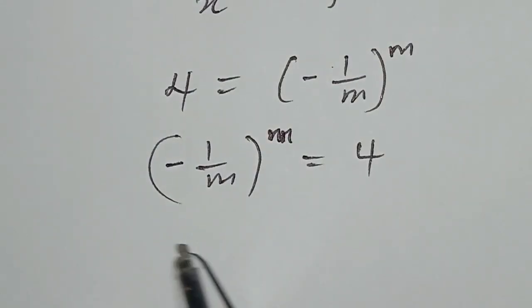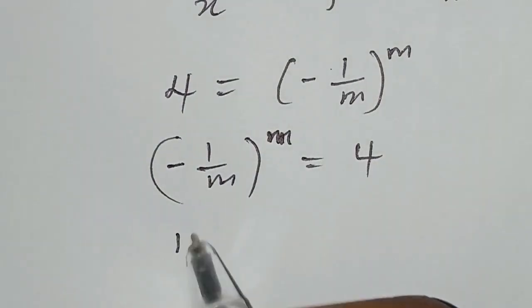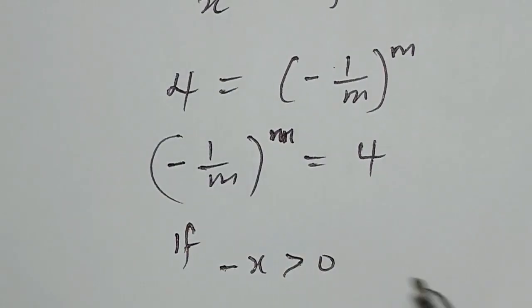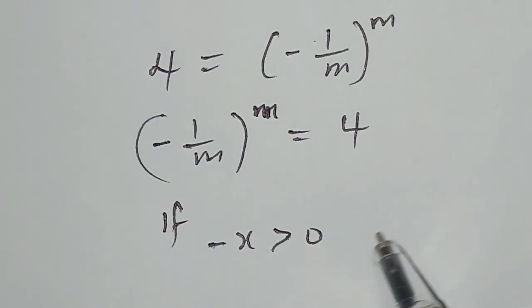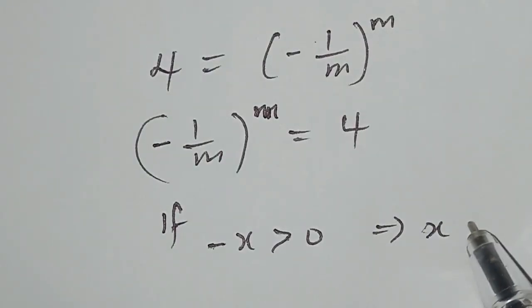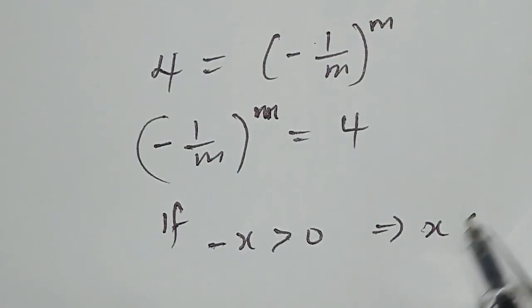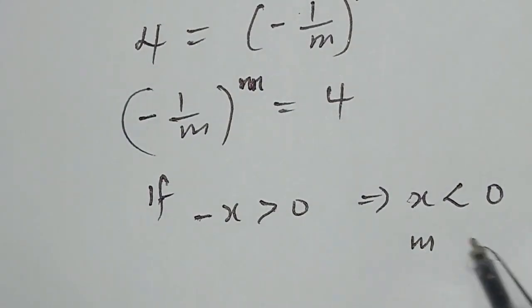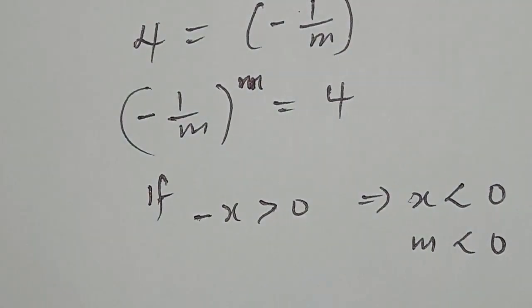Now we have, if minus x is greater than 0, it implies that x is less than 0, and m is also less than 0.